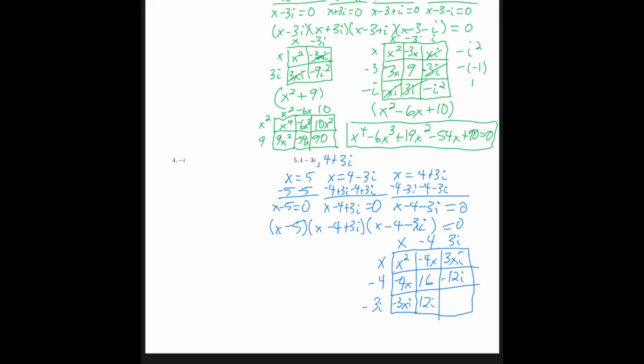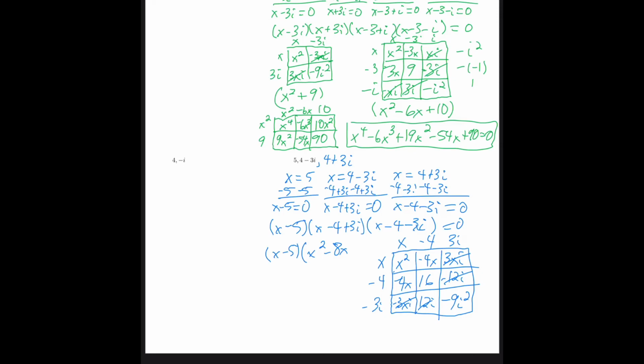X times 3i is 3xi. Negative 4 times x is negative 4x. Negative 4 times negative 4 is 16. Negative 4 times negative 3i is negative 12i. X times negative 3i is negative 3xi. Negative 3i times negative 4 is 12i. Negative 3i times 3i is negative 9i squared.